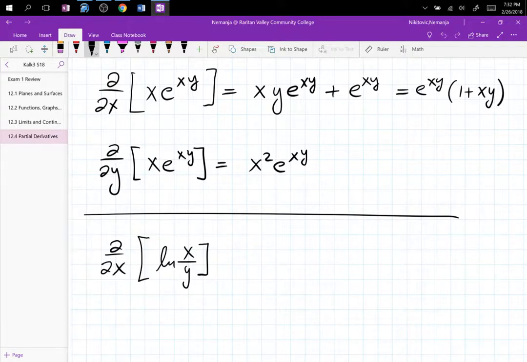You take the derivative of the ln, which would just give you 1 over x over y, and then you also have to take the derivative inside, you have to carry the y over, so since you have a y on top from the ln, and you also have a y on the bottom from the x over y, you end up with 1 over x. So your answer is y over x, and his answer is 1 over x. No, I said 1 over x. Oh, 1 over x, okay.